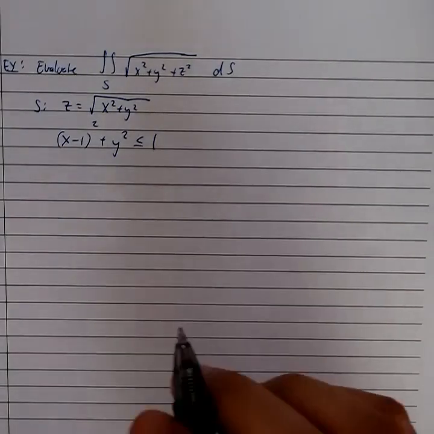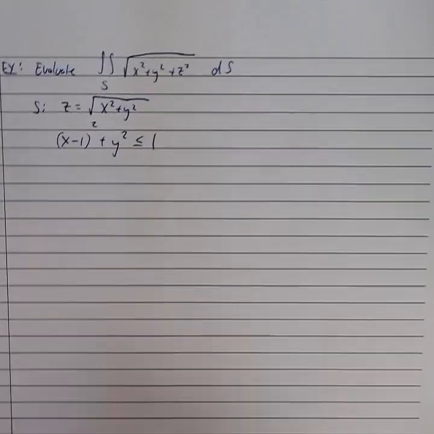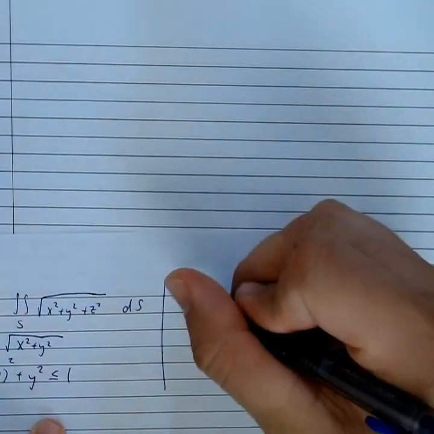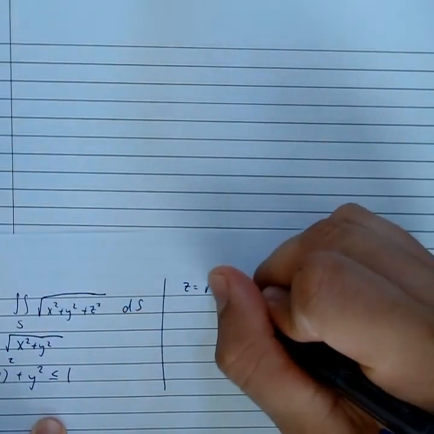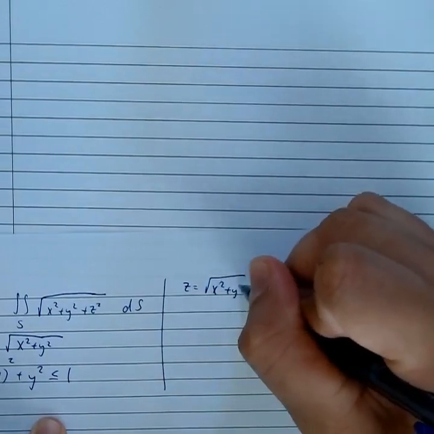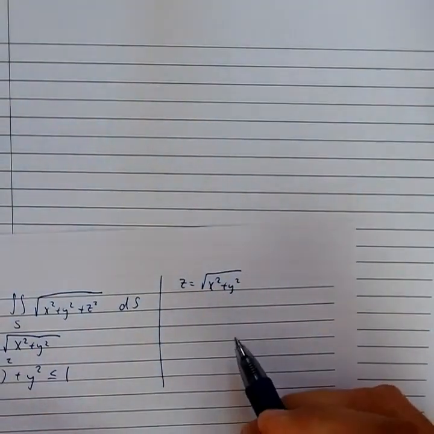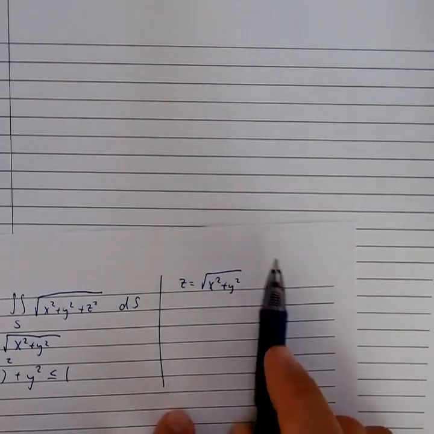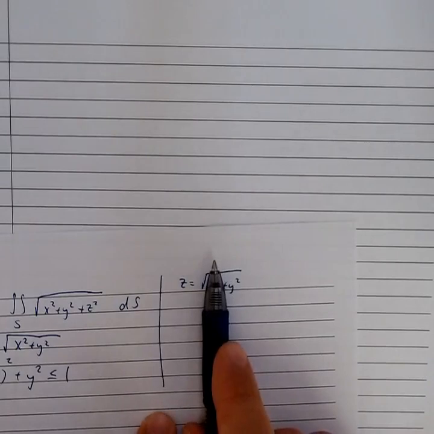So before we begin, it's useful to graph things out, or at least sketch things out. Here, if I have z equal to the square root of x squared plus y squared, notice what I have in my traces. If x is equal to 0, that's going to be the square root of y squared, or in other words, the absolute value of y.